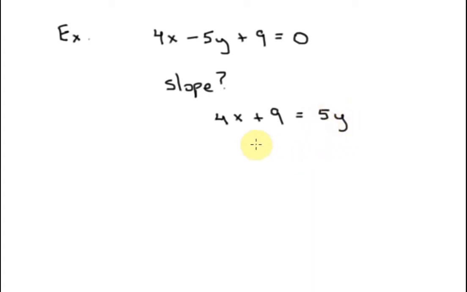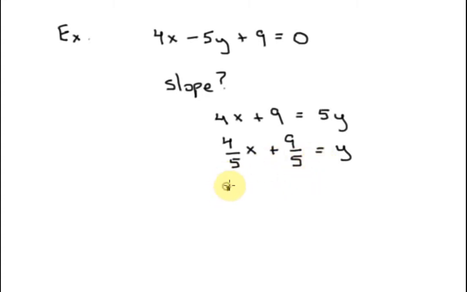Now I'm going to divide everything by the number in front of y, the 5. So that's going to become 4 divided by 5 plus 9 divided by 5. That equals y. Now, believe it or not, it's in slope-intercept form. It's just kind of spun around.